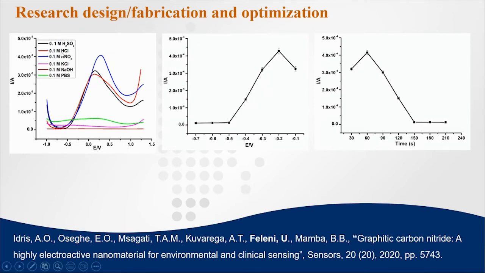We used various electrolytes to check which one is suitable for the work. Looking at these electrolytes, we could say the nitric acid, the blue, is giving us a better performance. Also, we have two others, HCl and sulfuric acid, which are giving us better performance than the buffer solution and sodium hydroxide.